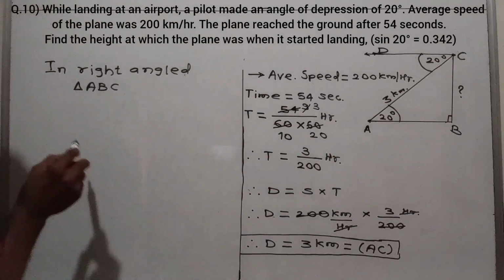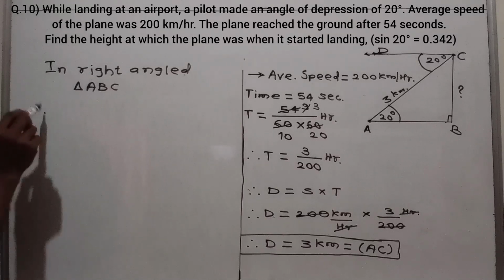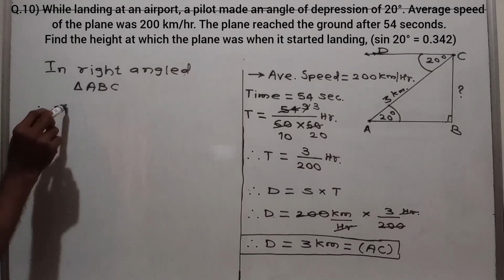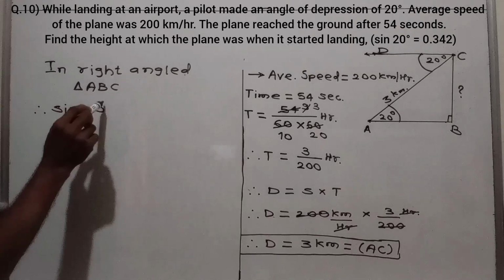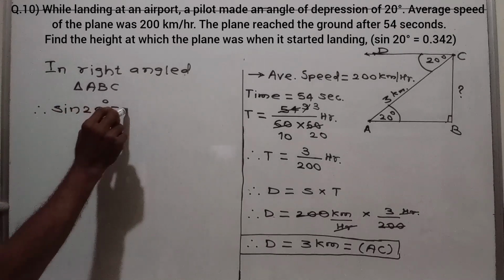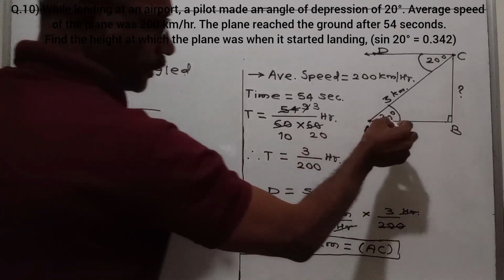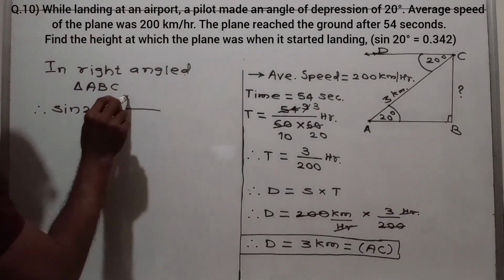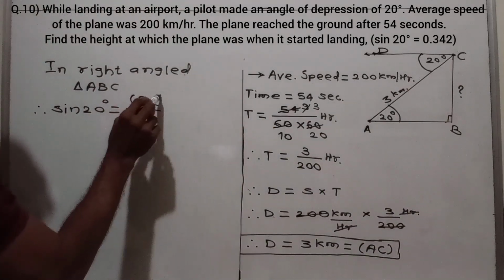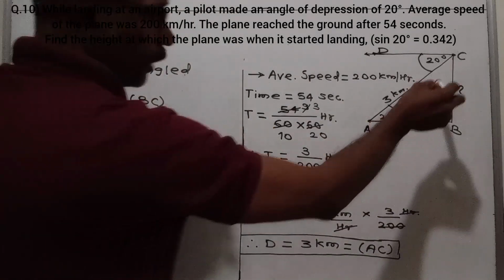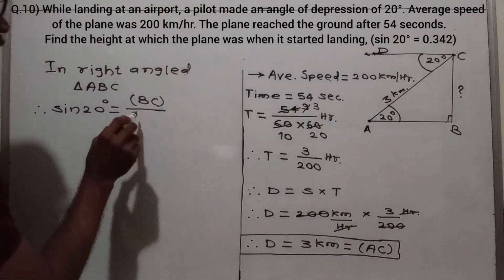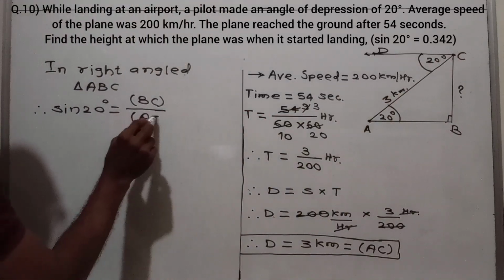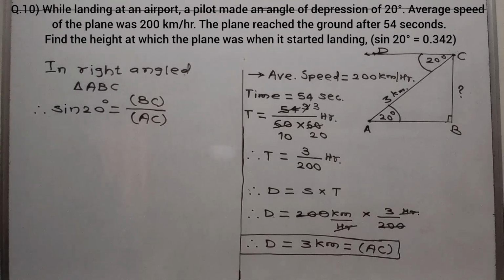So we use here, we have already given sine 20 degree is equal to opposite side BC upon hypotenuse AC. This is the formula for the sine ratio.